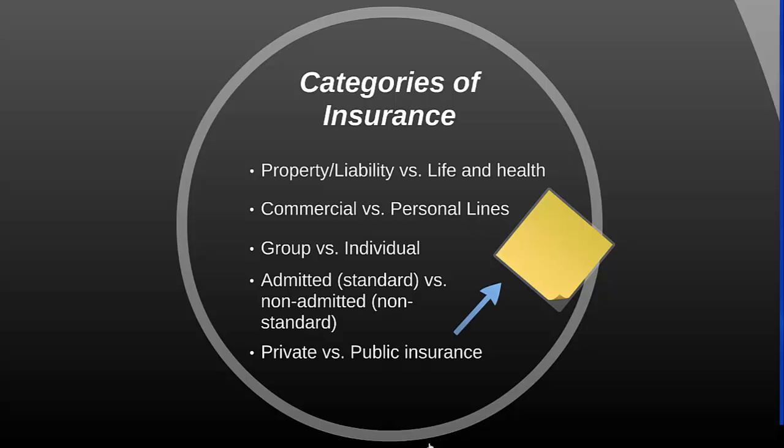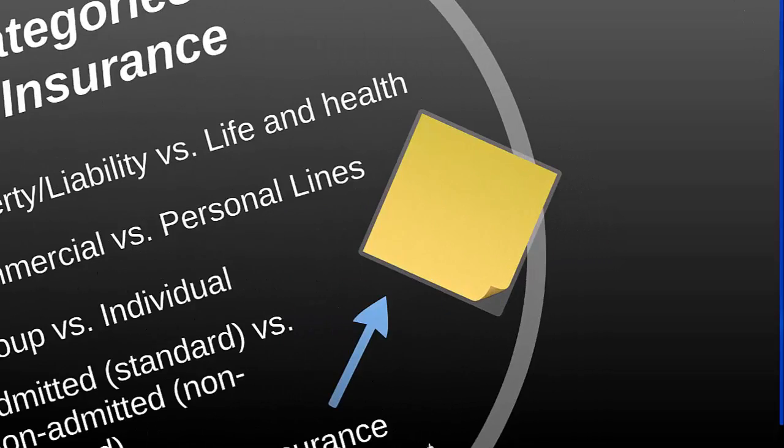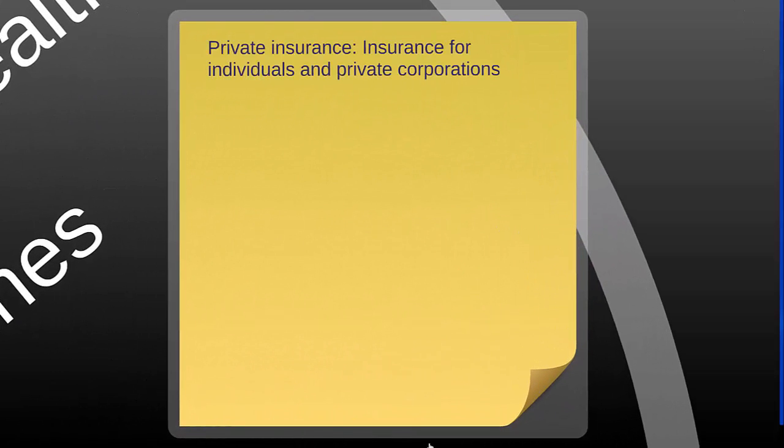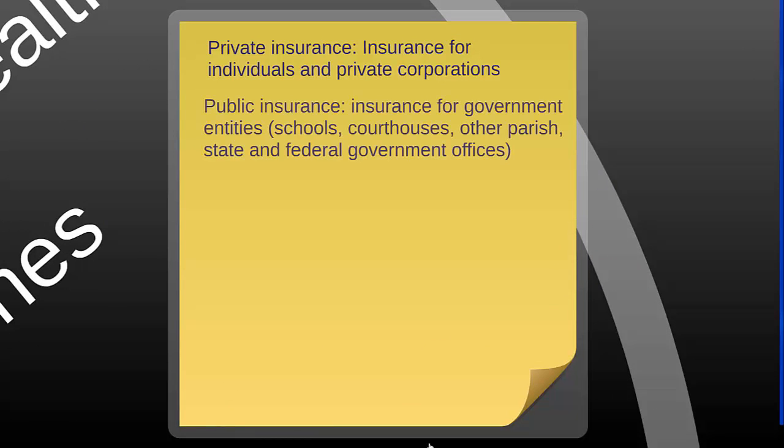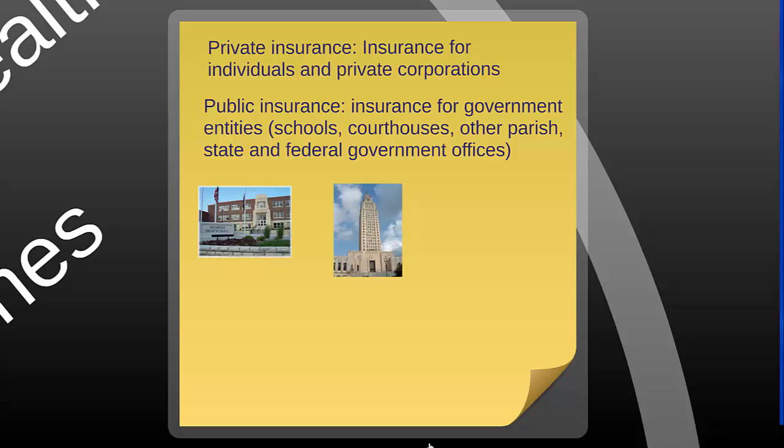Let's look a little more closely at public versus private insurance. Private insurance is insurance for individuals and private corporations. Public insurance is insurance that's specifically for government entities, schools, courthouses, and other parish and federal government offices, for example. These have somewhat different exposures and different financial resources than private companies and private households.